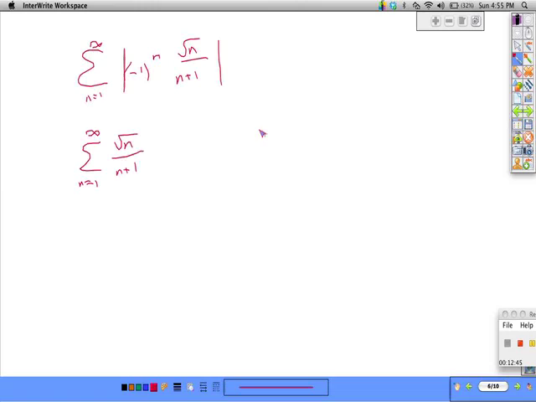I'm going to do a direct comparison. And if I look at square root of n over n, that would be 1 over square root of n, which is a divergent p-series. And for this, the square root of n over n plus 1 is greater than or equal to 1 over the square root of n for all n.